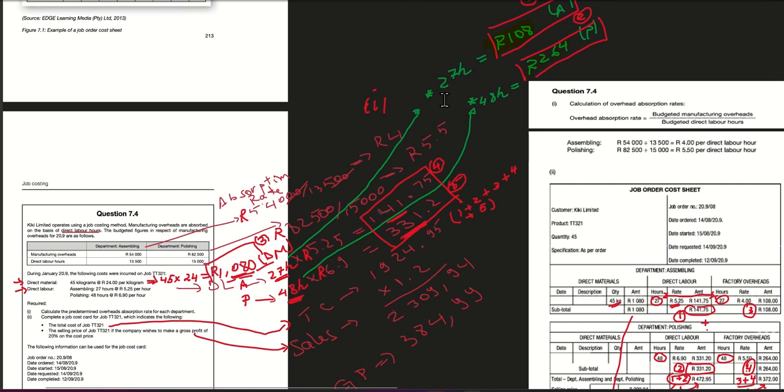For assembling, 27 multiplied by the absorption rate for assembling, which is 4 rand, gives us 108. And the 48 hours for polishing, we will multiply by the 5.5 rand absorption rate for polishing.